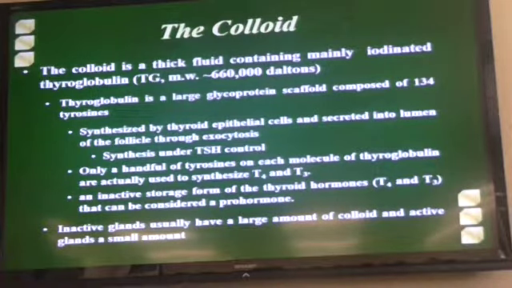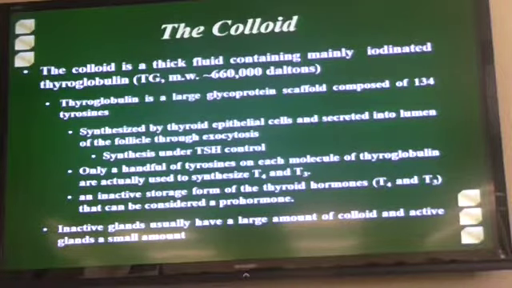It is an inactive storage form of the thyroid hormones, T4 and T3, that can be considered a prohormone. In other words, with thyroglobulin, you make thyroid hormone from it, right? What's the substance called? It's the base step for a hormone, a prohormone. So this is a prohormone stage.